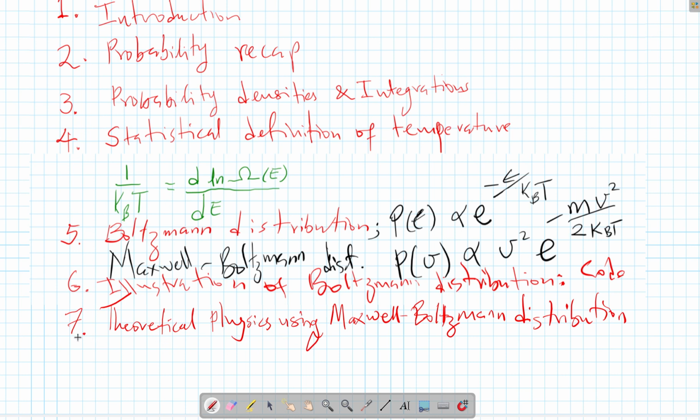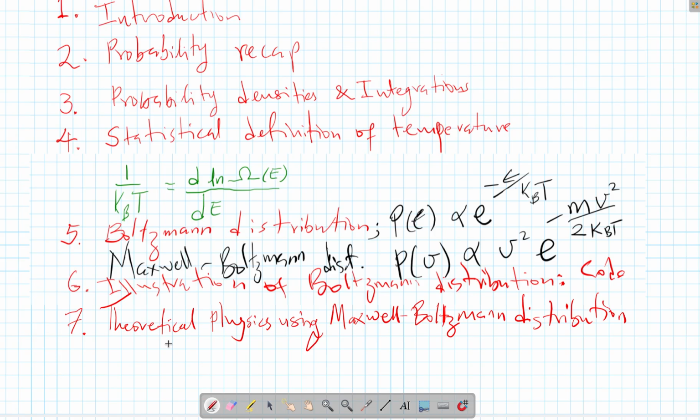So today I would like to dive a bit further to talk about how one can do theoretical physics using the Maxwell-Boltzmann distribution that we derived earlier.